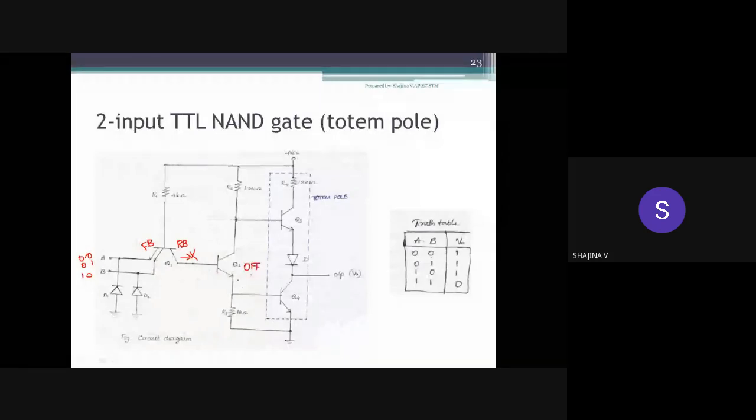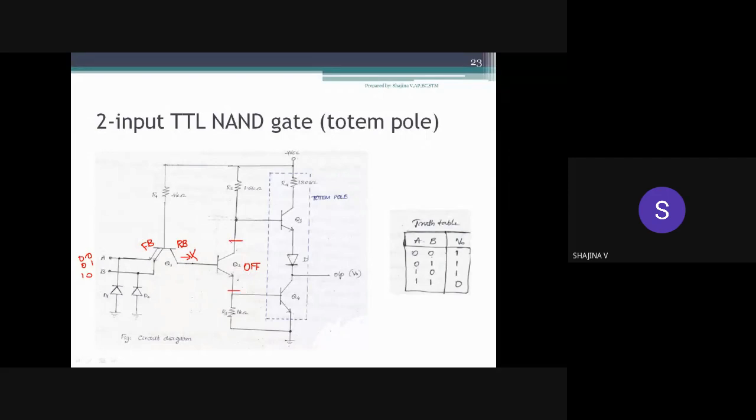Now this transistor Q2 turns off, that means here it will be an open path. This off means there will not be any current flow through this path. So obviously there will not be any current flow to the base of Q4, that means Q4 also turns off. For a transistor to turn on, its base must get a particular voltage such that the base to emitter voltage exceeds 0.7 volt for silicon.